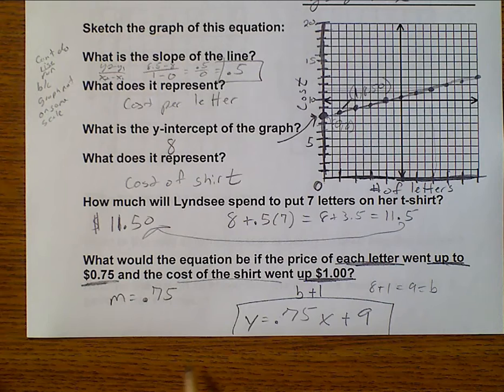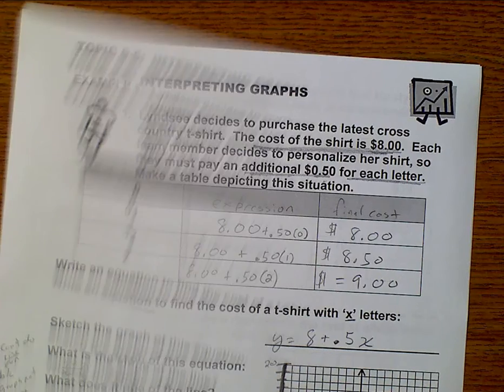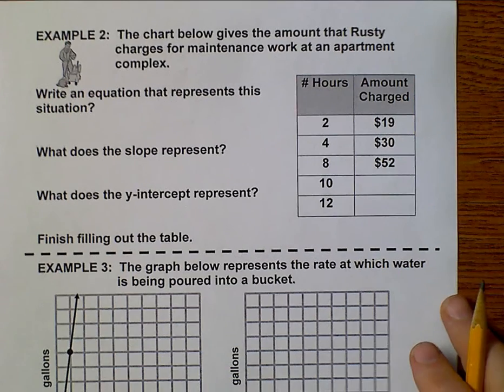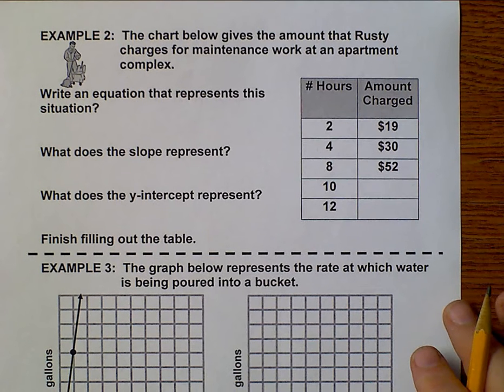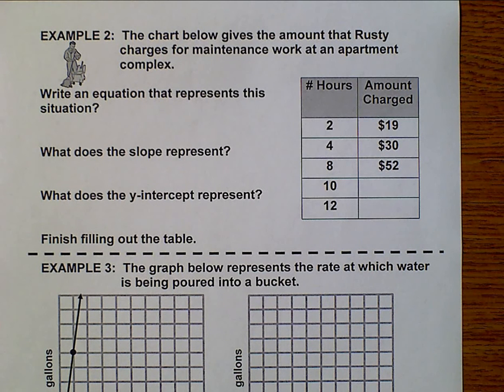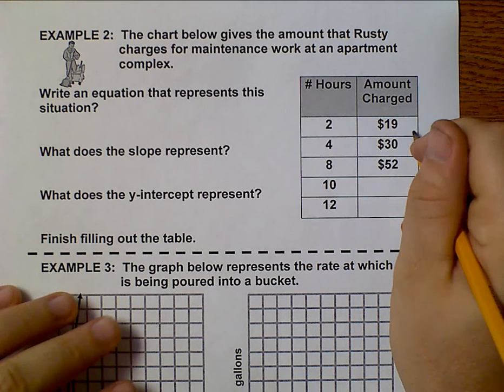Let's go ahead and look at our next example. Here, we're told that Rusty has a table that shows how much he charges to do maintenance work. And to write an equation, we've got to figure out some things. Like we need to figure out, well, how much is he charging per hour?